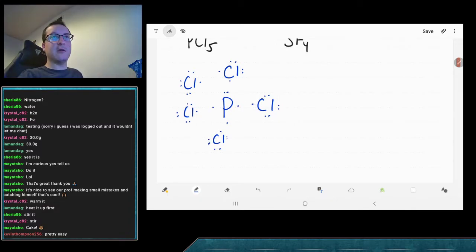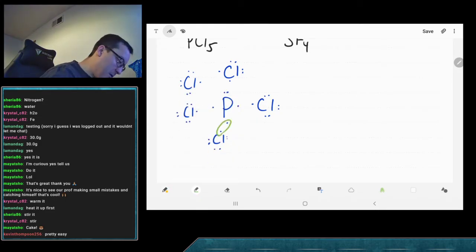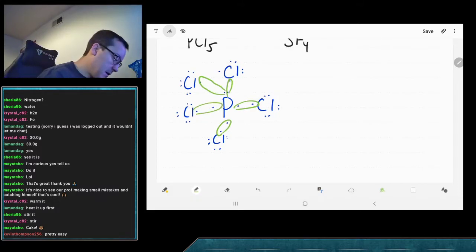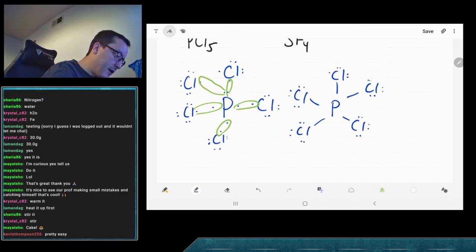Okay, we've got 5 things around this phosphorus, right? So we're going to want to bond these so that we do not have any outer atoms that have unpaired electrons. So doing this, we get technically this structure. We do not have any lone pairs on phosphorus.